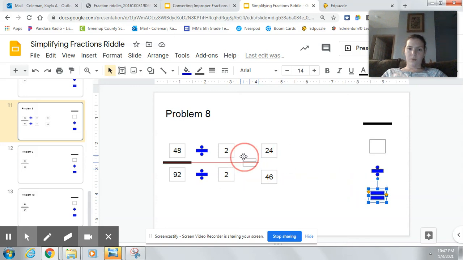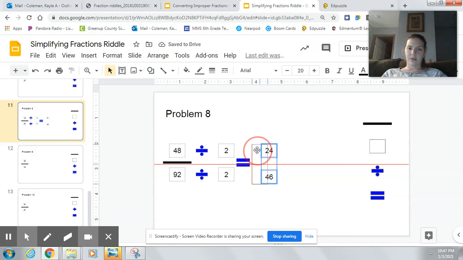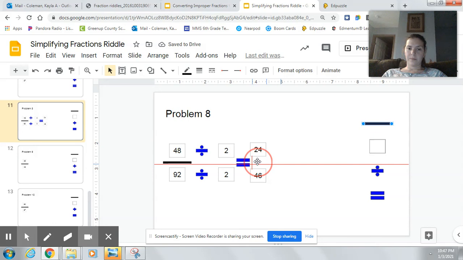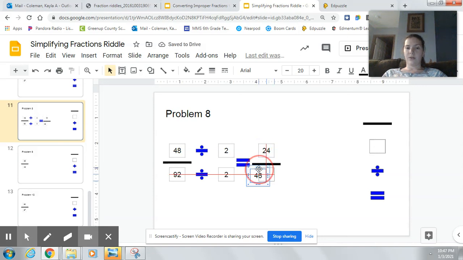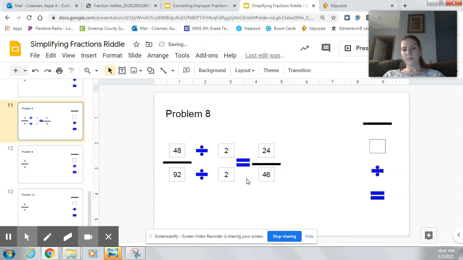And we have a problem that these are not simplified fractions. One way I know for a fact they're not simplified is because 24 and 46 are both even numbers. That means that you can still divide them both by 2. Can't really think of anything else that you can divide 46 by in your multiplication chart, but we do know it can be divisible by 2 because it ends in an even number.